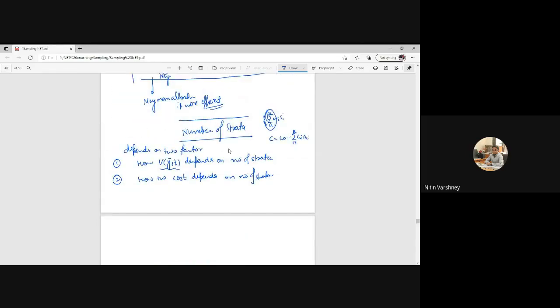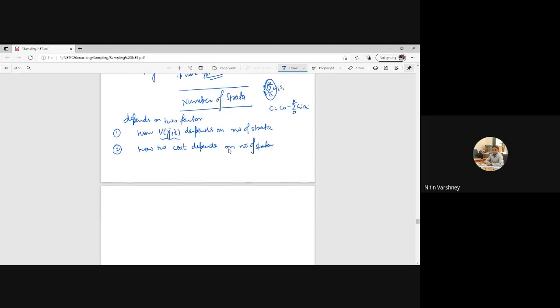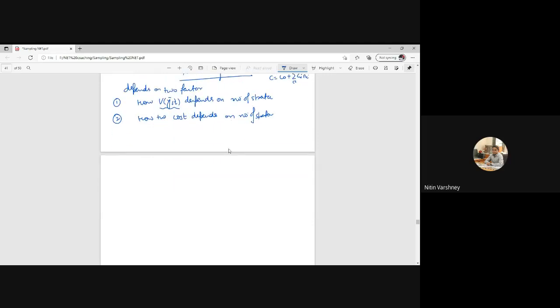So this is also dependent on the number of strata. Cost will increase as the number of strata increases. On the basis of how the variance and the cost depend on the number of strata, we can define our number of strata.